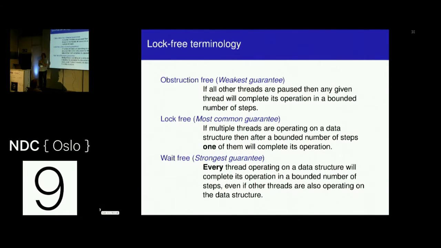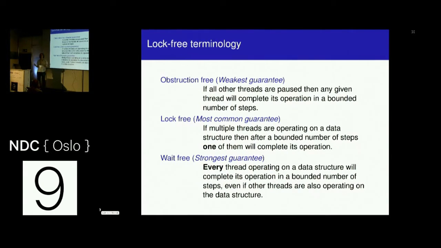And so if you've got multiple threads and within a bounded number of steps, one of them is going to actually get to the end, then it's now a lock-free data structure. But you don't know. Any given thread might have to keep looping. It might be really unlucky, and that one thread will have to keep looping 1,000,000 times, whilst 1,000,000 other threads get all the way through their operations without interruption. But that's still lock-free.